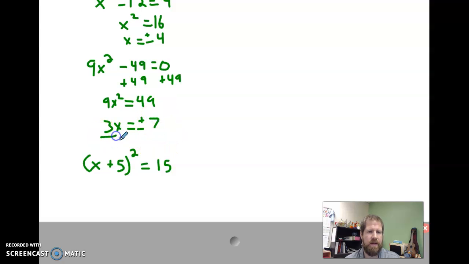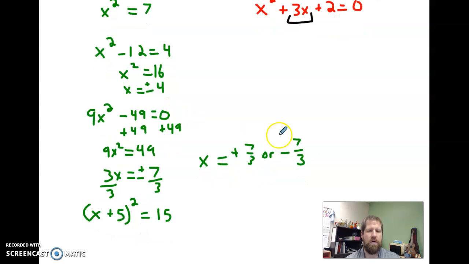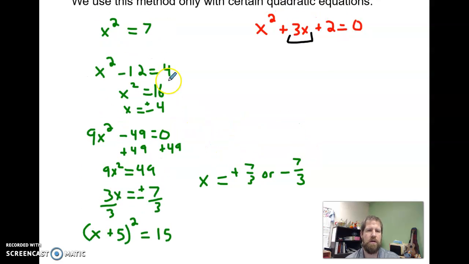And then just like normal, divide by 3, and I get my zeros as either positive 7/3 or negative 7/3. So basically with all of these, I'm ending up with zeros that are opposites: positive or negative 4, positive or negative 7/3, positive or negative the square root of 7.